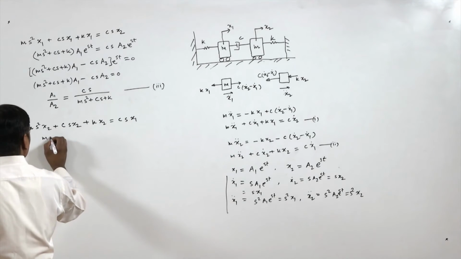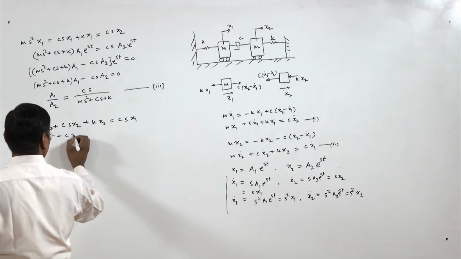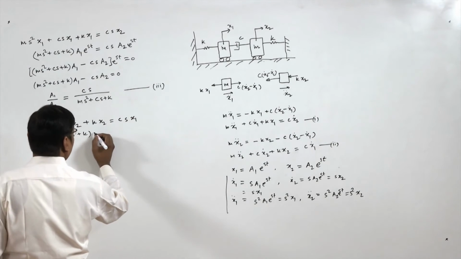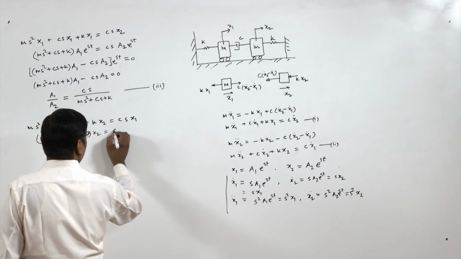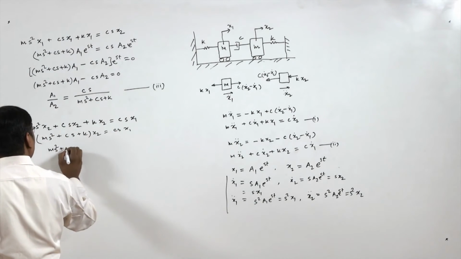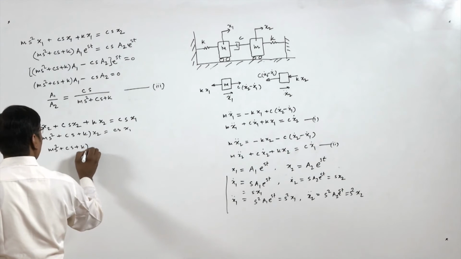So, here (m s square plus c s plus k) x2 equals c s x1.